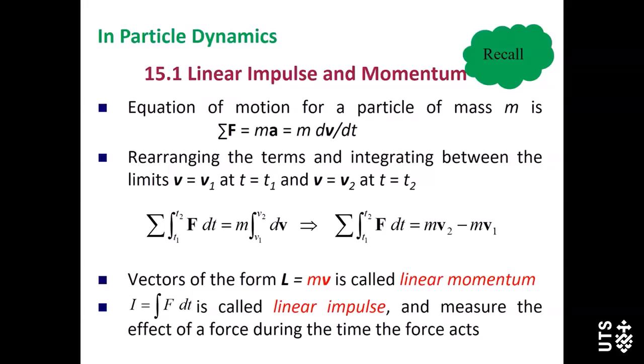Firstly, linear impulse and momentum. It starts from the second law of Newton. The summation of all external forces on a particle is equal to its mass times its acceleration.